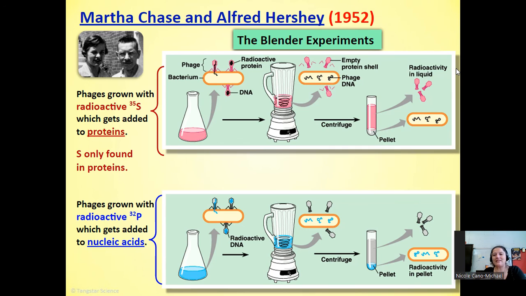They know that the bacteria has to contain the nucleic acid, or the genetic information from the bacteriophage. When they ran this experiment, they found phosphorus only in the nucleic acid. They found that trace marker, that 32P, inside the pellet. And again, the pellet is the bacteria.